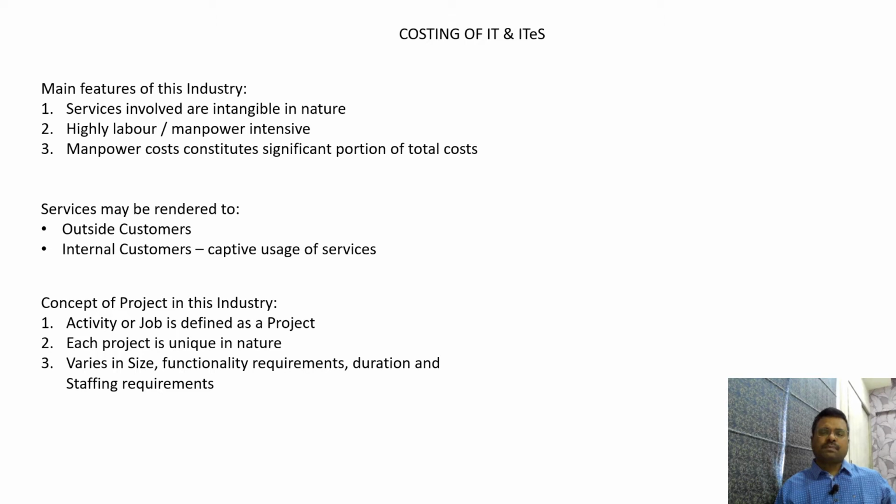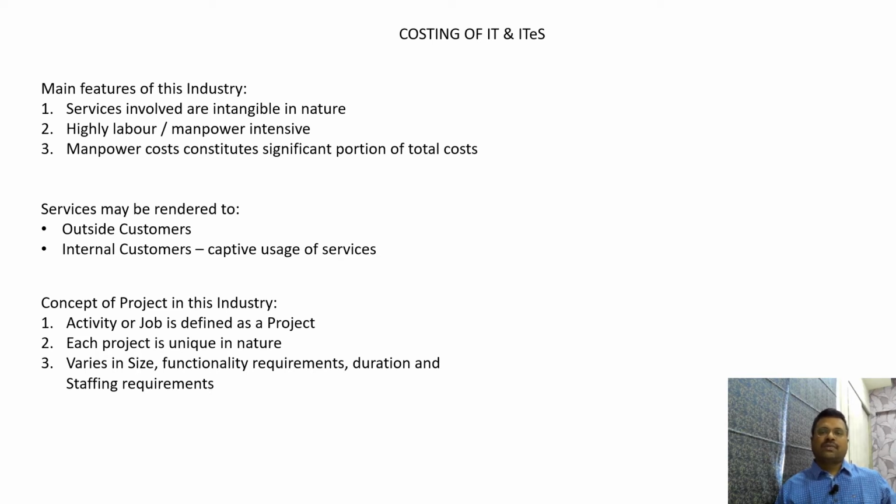Similarly, these services can be sold to outside customers also. Then it is external usage of services, like manufacturing a software and selling it to some bank, or acting as a BPO for any outside business entity.